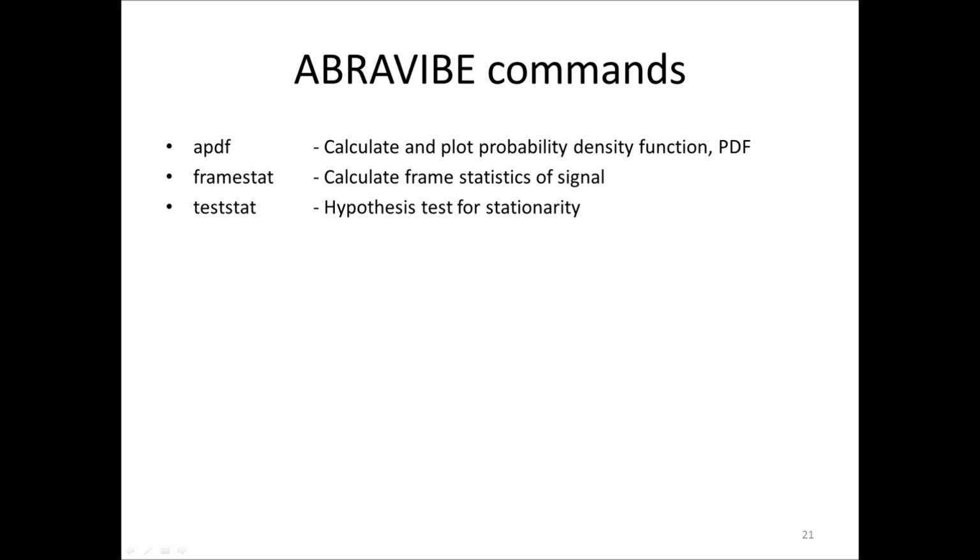Next, the command framestat can be used to calculate frame statistics using any statistic measure such as RMS or kurtosis, with any command as input. And finally, the command teststat implements both the reverse arrangements and the runs test methods for hypothesis testing. So this concludes this video.